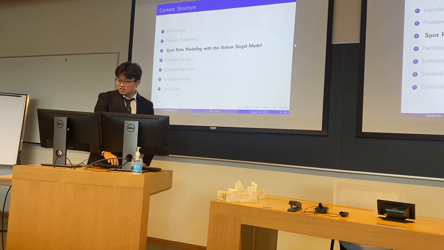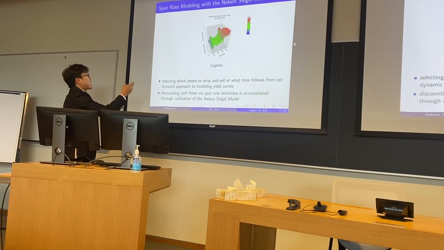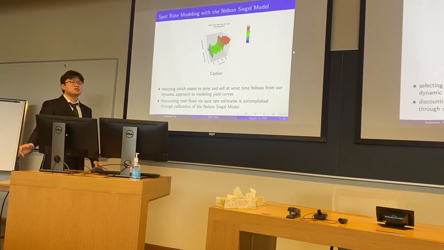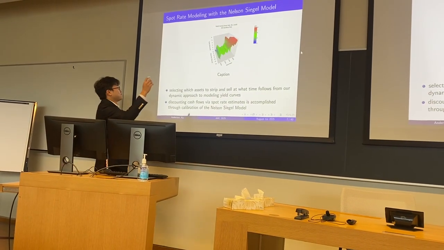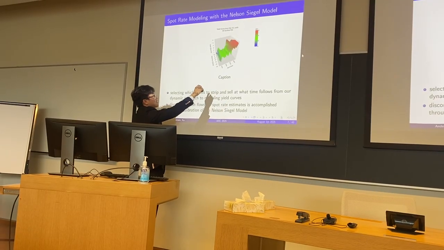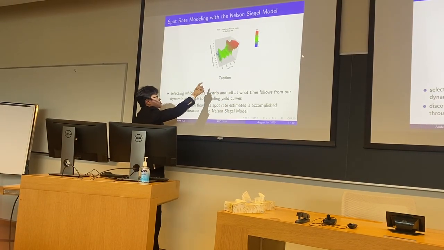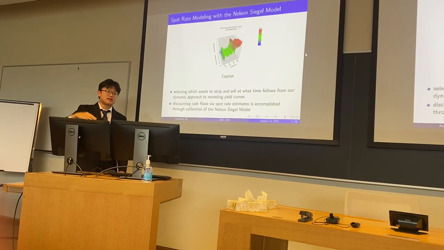Now I'll talk about the spot rate modeling with the Nelson-Siegel model. This is how a bond object looks. Looking at the picture, we have a start date from 2005 to 2020, so we can interpret it like stock data.